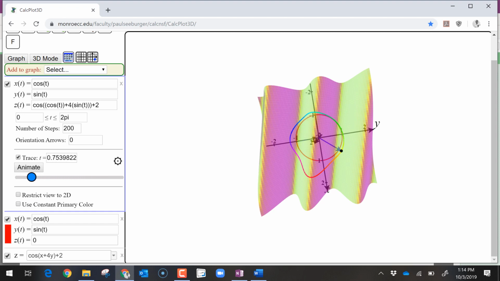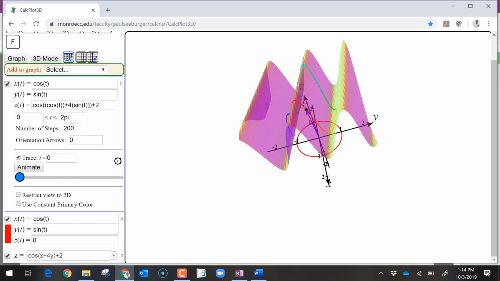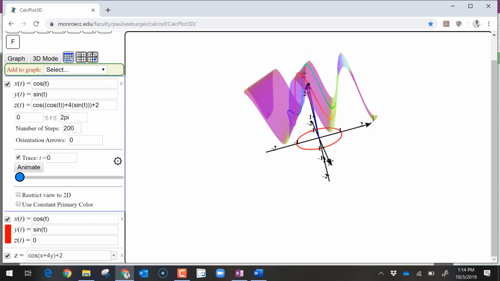But as you go around in the circle, your height, according to that function in x and y, will be changing. So as you go around, it'll follow the shape of the surface.